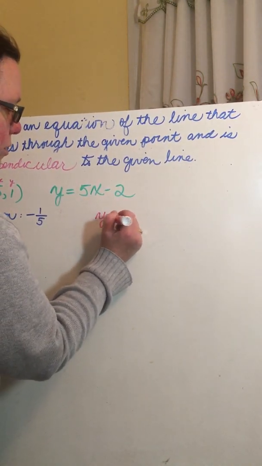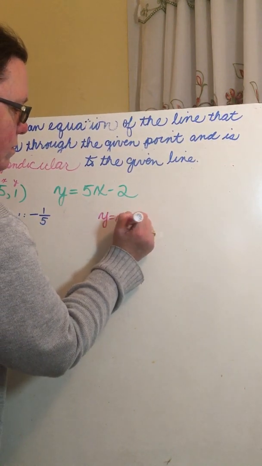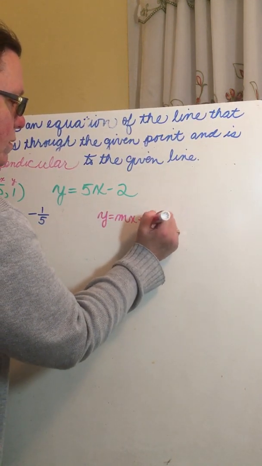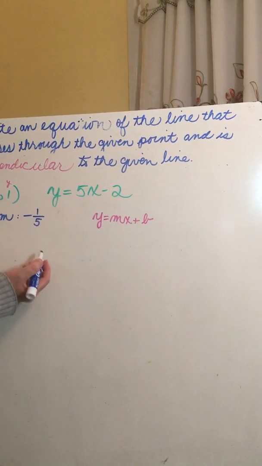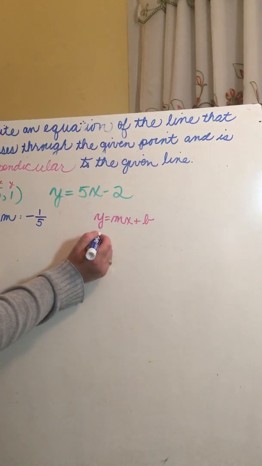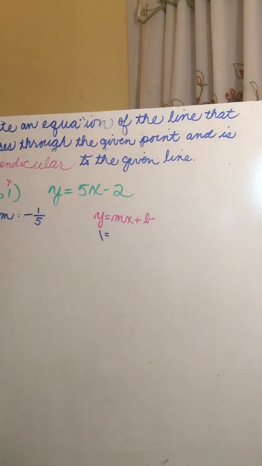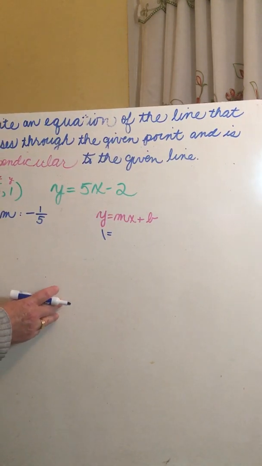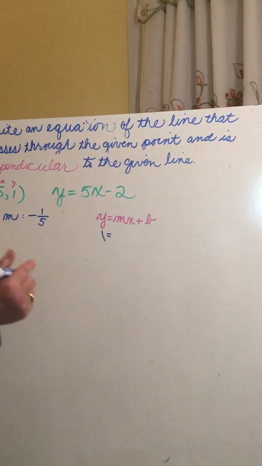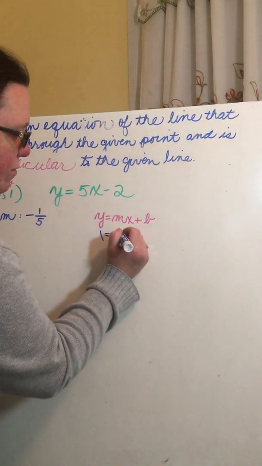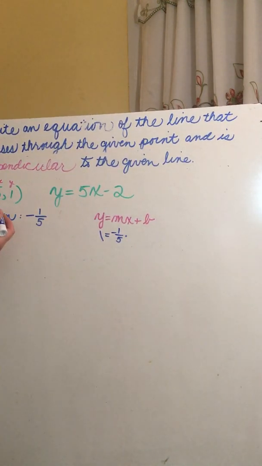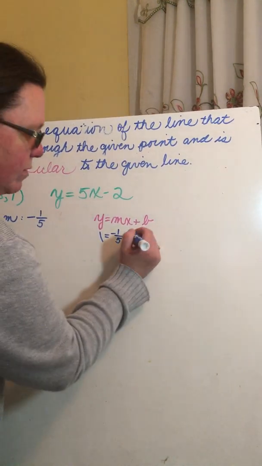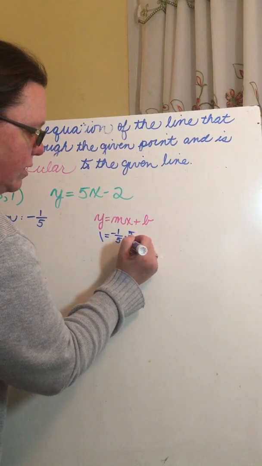So let's start with our slope-intercept form. We'll use this positive 1 for y. Our new perpendicular slope is a negative 1 over 5. Our x is positive 5. We're going to put that over 1.